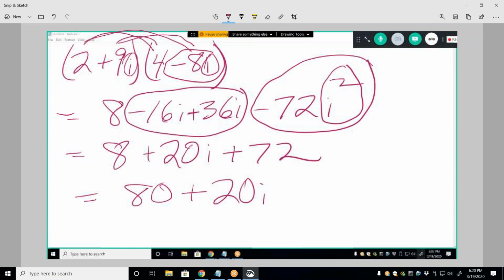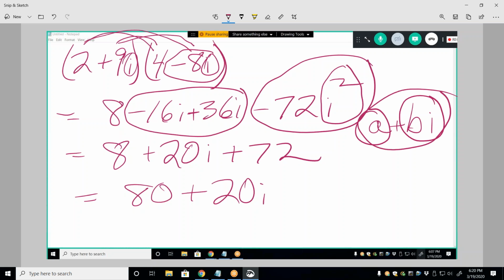In other words, with complex numbers, you always want them in that format, where that's the real part and that's the imaginary part. b is a real number, it's just the coefficient of the imaginary part. So the only trick of multiplying is converting your i squareds to negative 1. Okay?